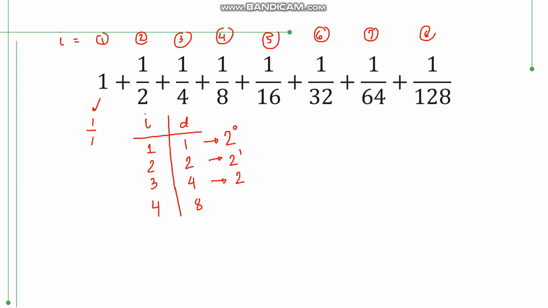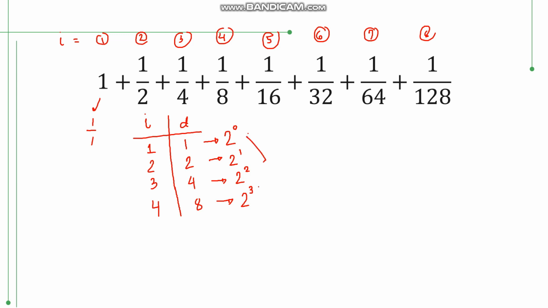The base is 2, how to get 4? The exponent should be 2. And for 8, if the base is 2, the exponent must be equal to 3. Now notice, the exponents are the ones that are changing here now. So we have 0 for the first, 1, 2, and 3. Now if you will relate it to our index, as you can see, we just subtract by 1.